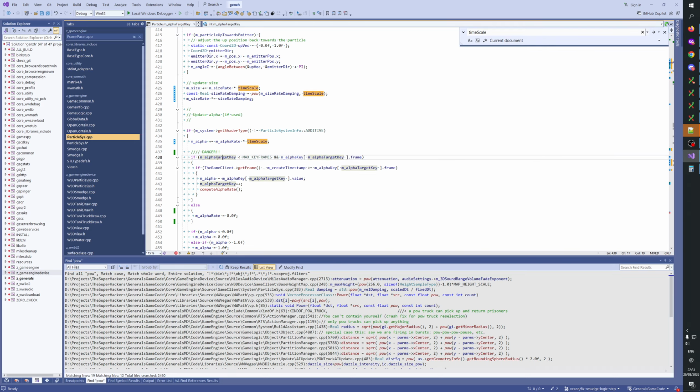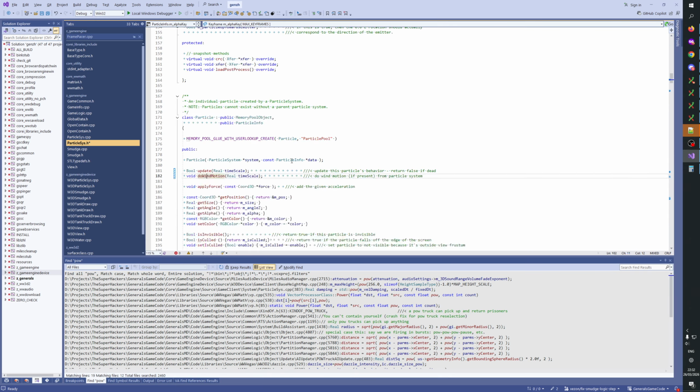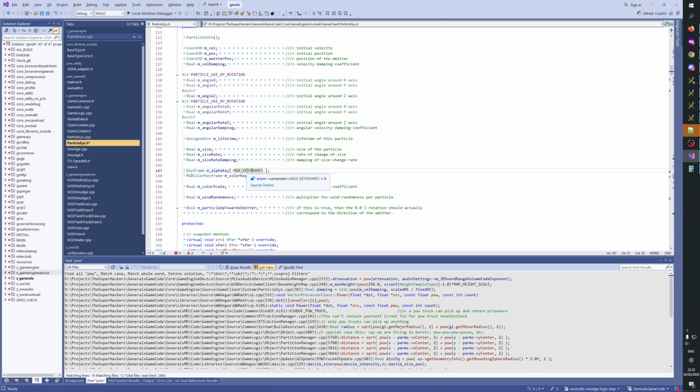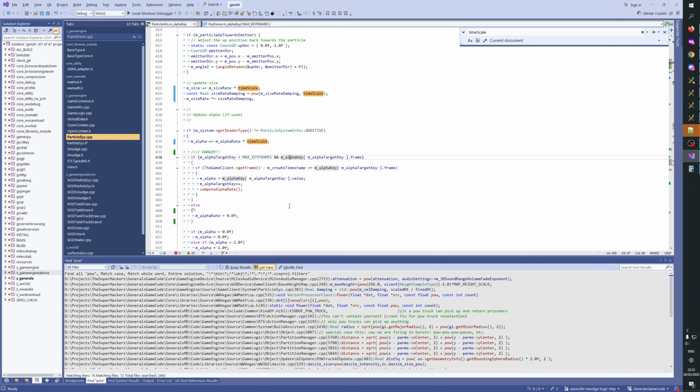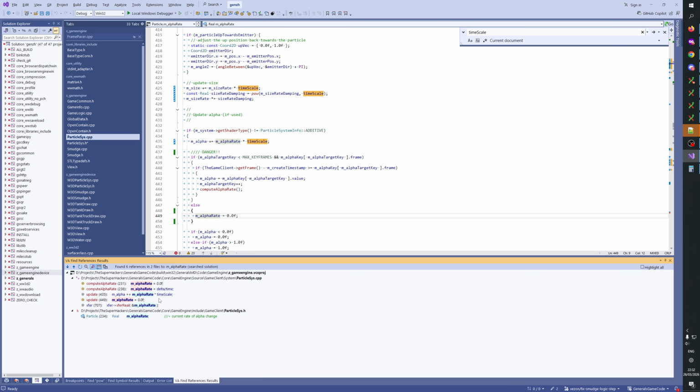Okay, so I mean, we could cast this to integer. Alpha key frame. What is an alpha key? Who's using the alpha rate?